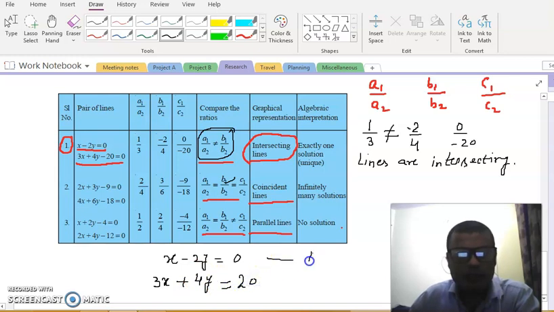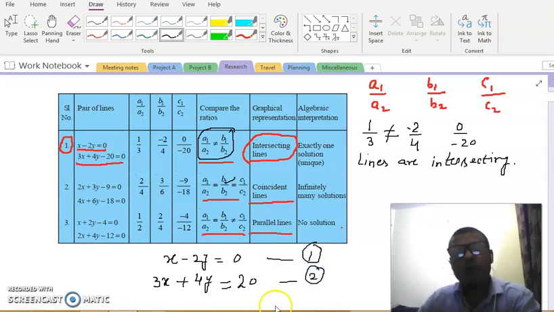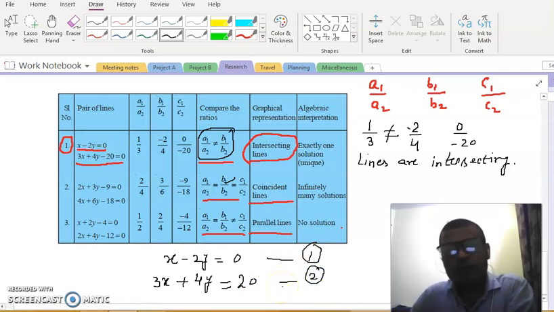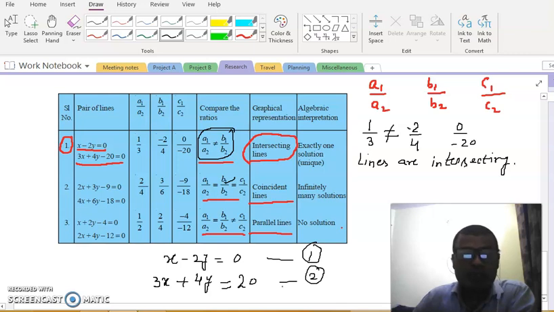This is equation 1 and this is equation number 2. To get the intersecting point, you have to solve both equations, and there are some methods given in the chapter. The methods are the elimination method, substitution method, and cross multiplication method.